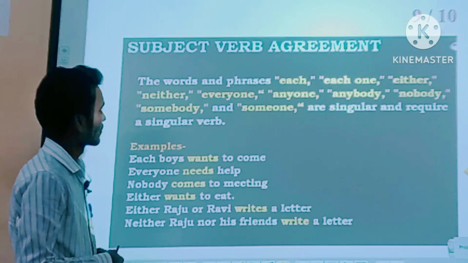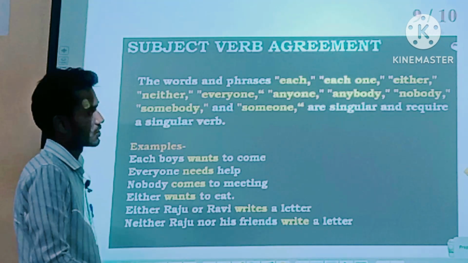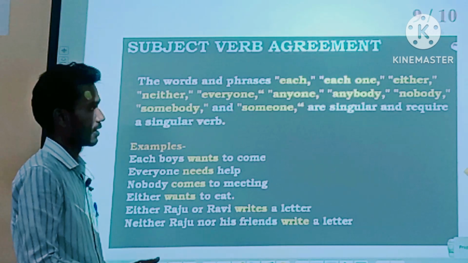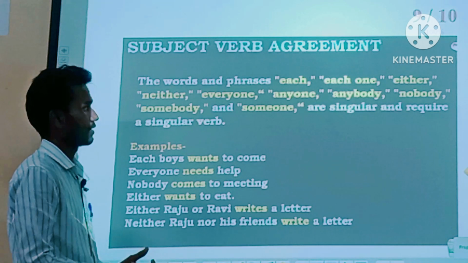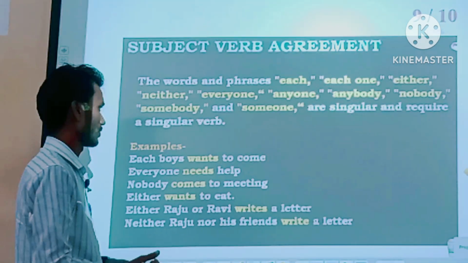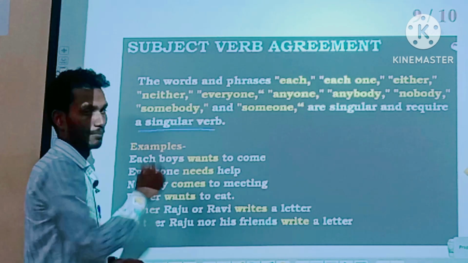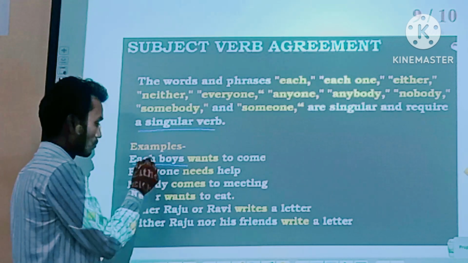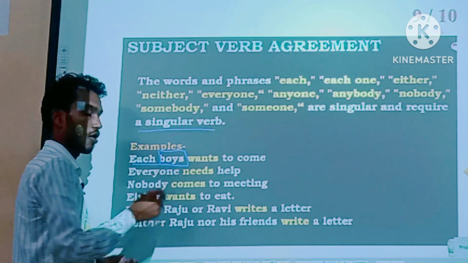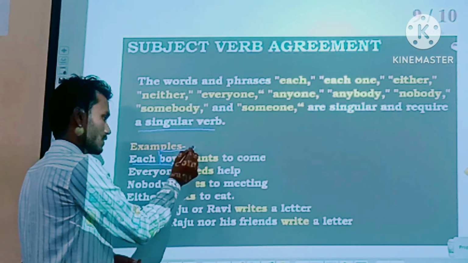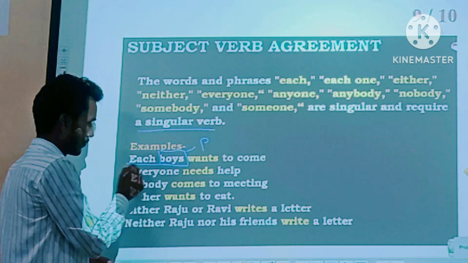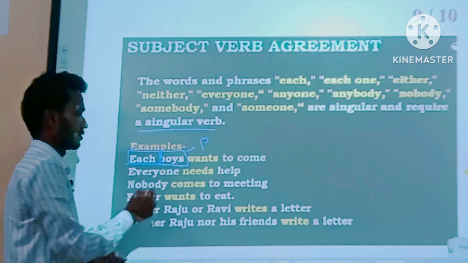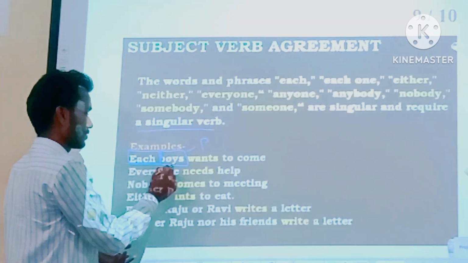Then the words and phrases each one, either, neither, everyone, anyone, anybody, nobody, somebody and someone are singular and require a singular verb, right? Then each boy, here boys, it's not a boy, but the subject here is plural. But if we have an indefinite pronoun before the subject, the subject becomes singular.